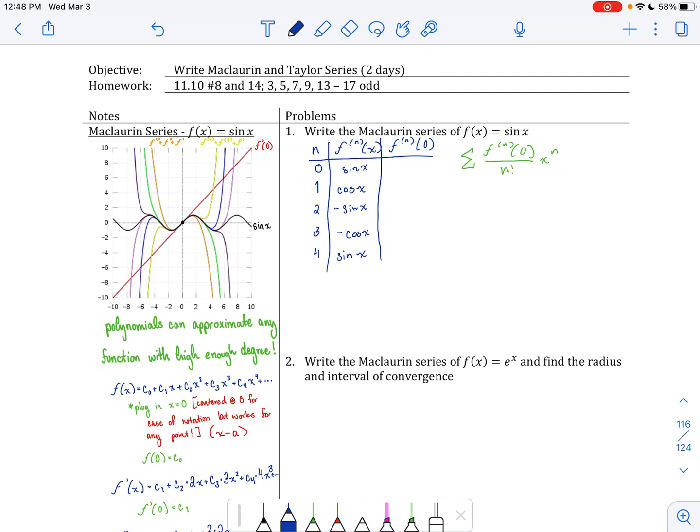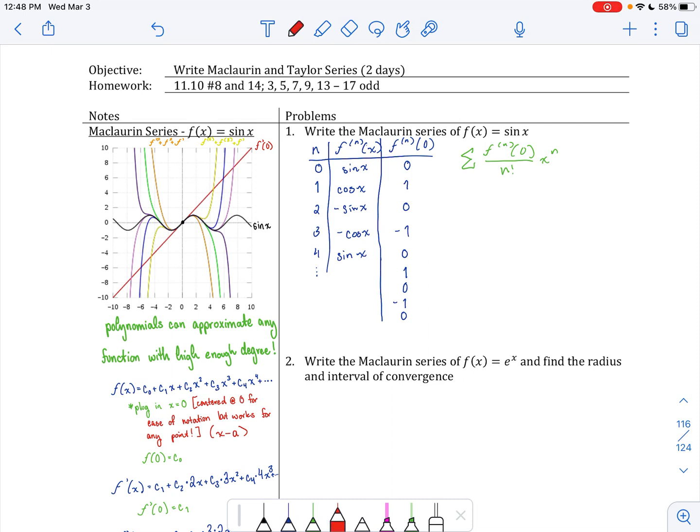And hopefully by now you start to see a pattern, that as this keeps going on, we're just going to keep rotating between these. So when I plug in 0, we get 0, 1, 0, negative 1, 0, and if you wanted to continue the pattern, you would then have positive 1 again, 0, negative 1, and so on.